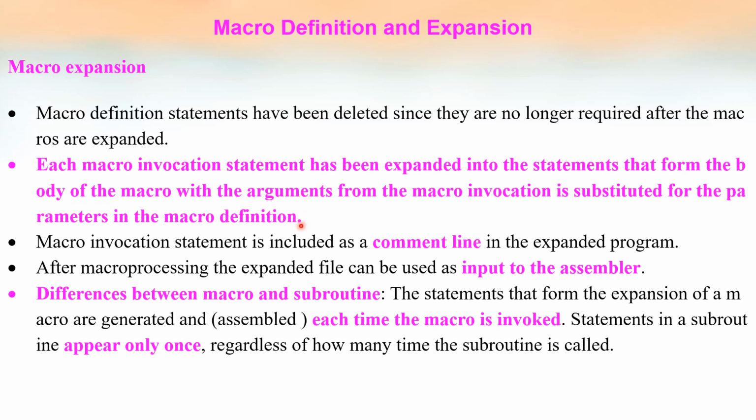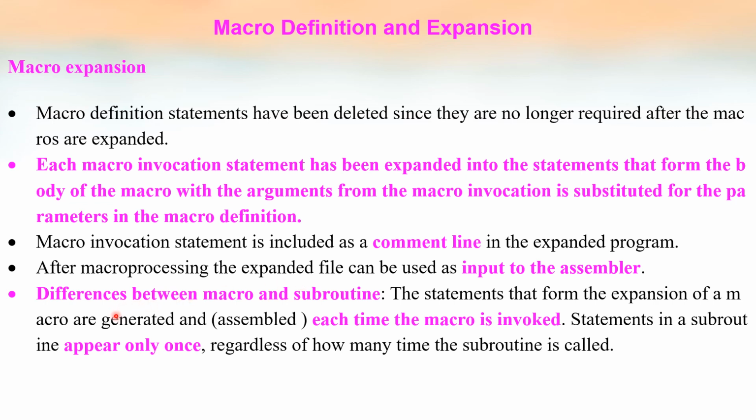The macro invocation statement is included as a comment line in the expanded program. After macro processing, the expanded file, the output of the macro processor, is given as input to the assembler, and it can be converted to the object program.